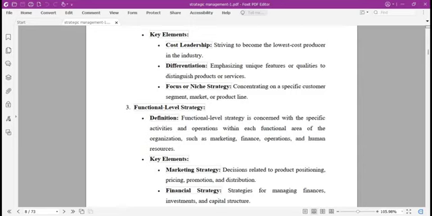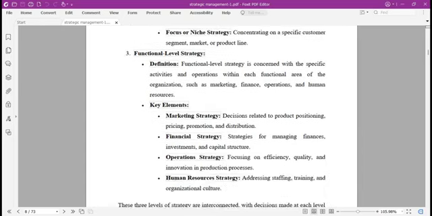The operations, these are the running cost entity that deals with day-to-day activities of an organization. And the HR department, the human resources, hiring the right caliber of workforce. The organization having the right employee, the right workforce, the right people to man the job.